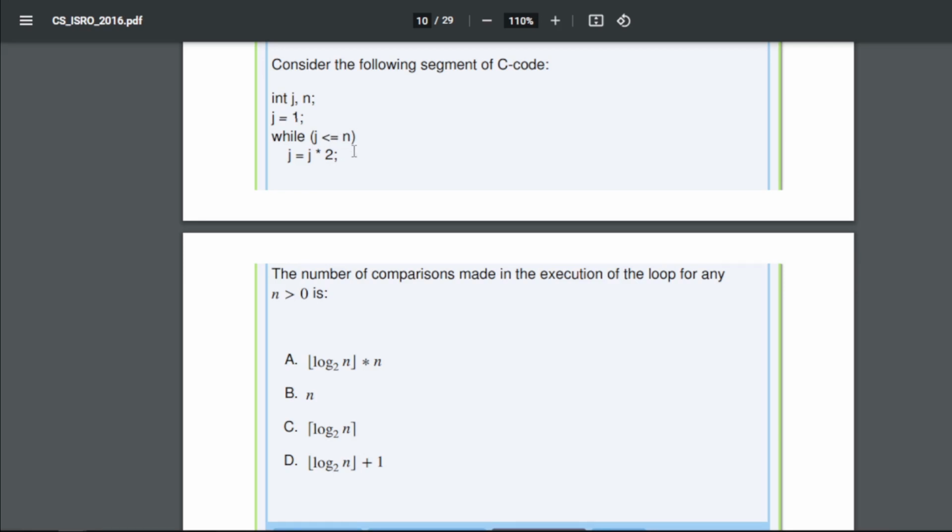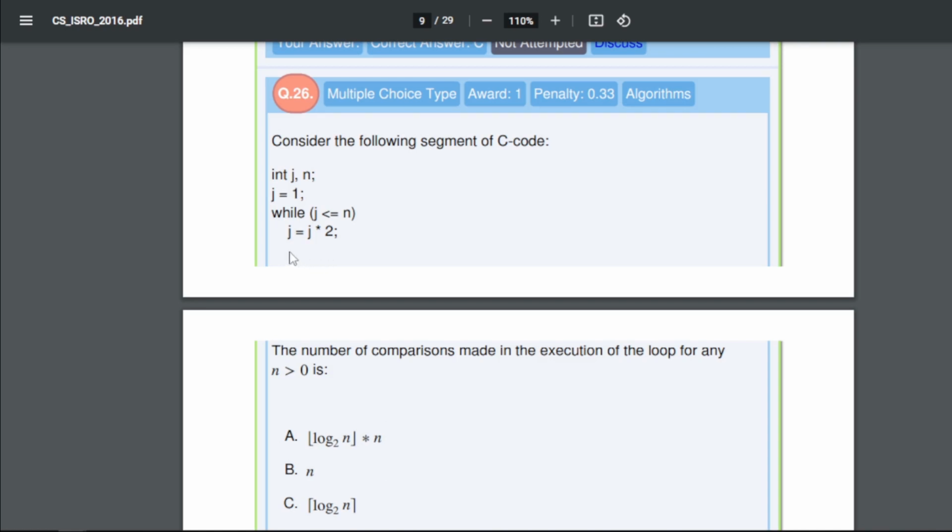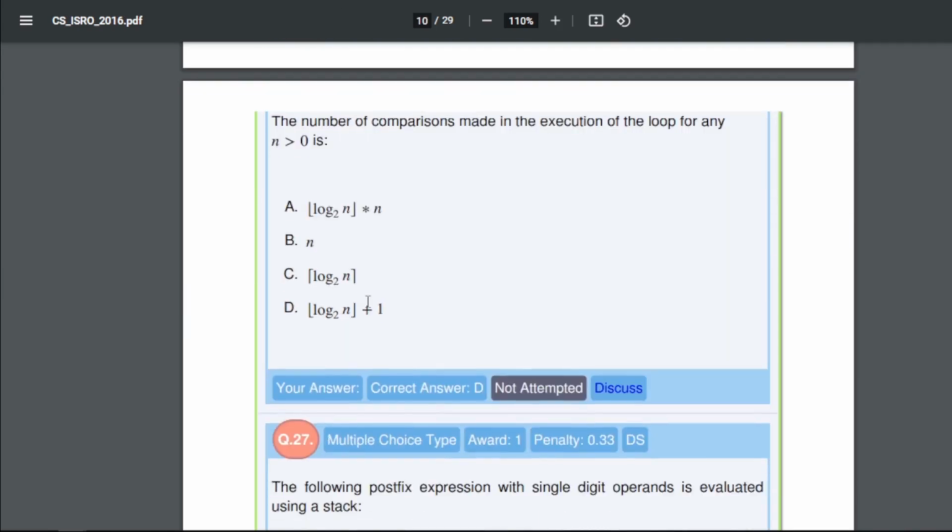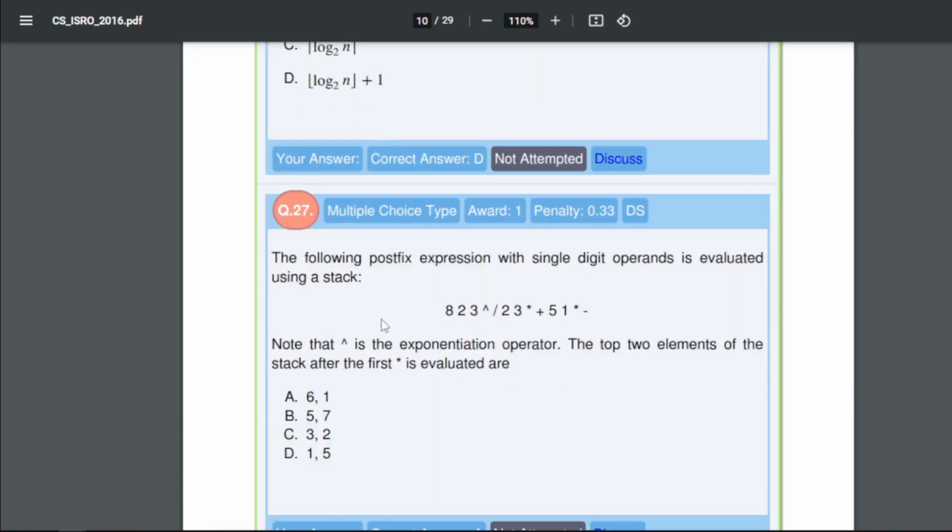Here you can see that the value of j is doubling, so definitely it will take log n time, right? But remember the loop condition is checked one more time at the end, so the total will be log n plus 1. So this is floor of log n plus 1, so D will be the answer.